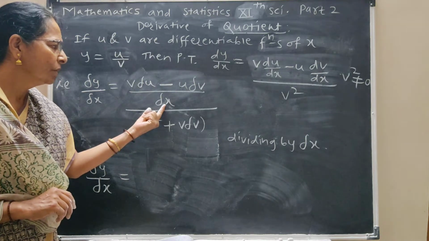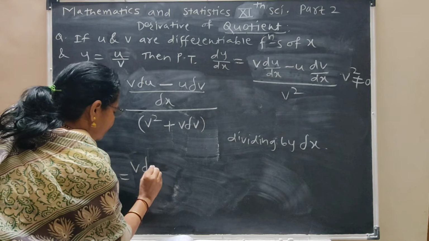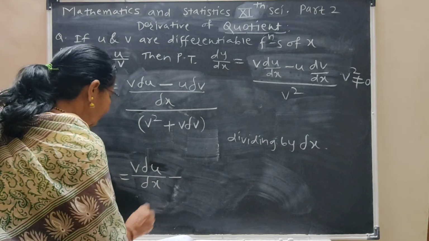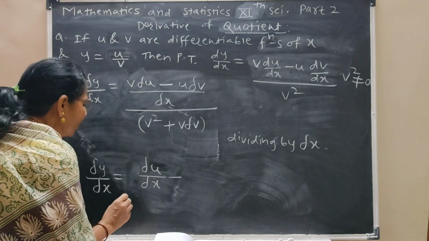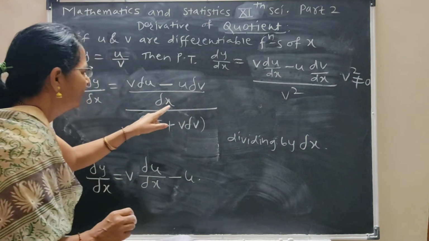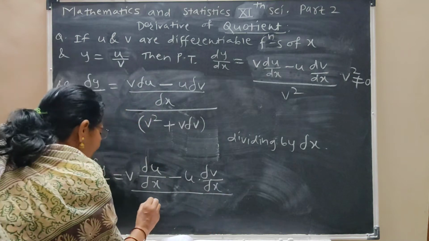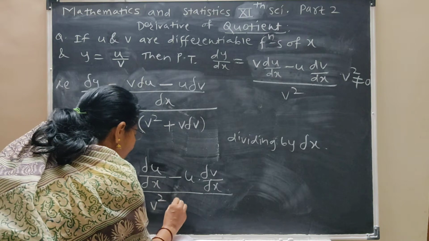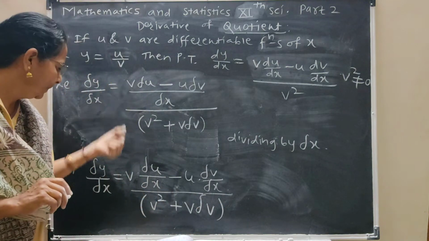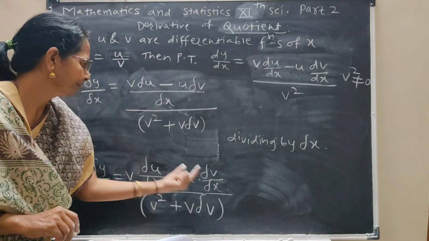We take this denominator to every term: v delta u upon delta x minus u delta v by delta x, at the denominator v square plus v delta v.